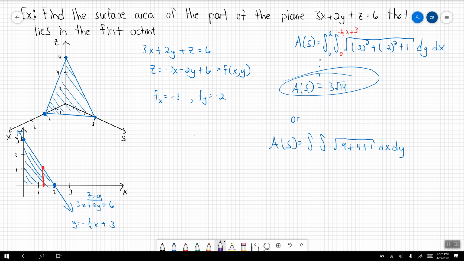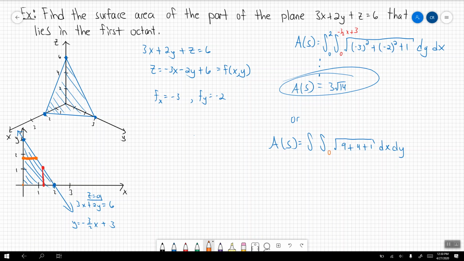If we're going to do dx dy first, we need these horizontal heights first. I'm going to do this in orange, that way we can see it a little bit more clearly. So I want these horizontal heights. Notice the horizontal heights go from left to right. Left, that's going to be the x value of 0.